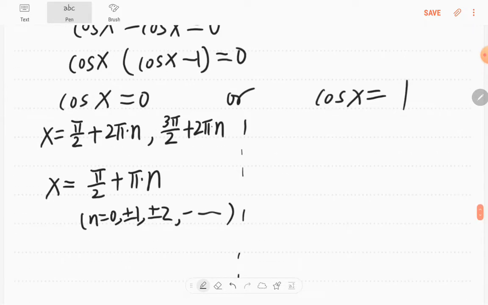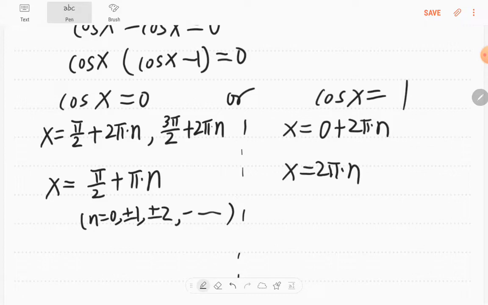So for this part, cosine x equals 1, which angle in the one period? We can just pick one angle, so it's 0, right? Cosine 0 equals 1. So it's 0 plus 2 pi times n. So x equals 2 pi n.